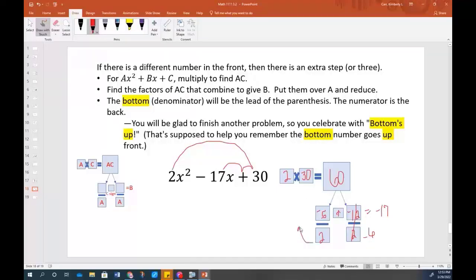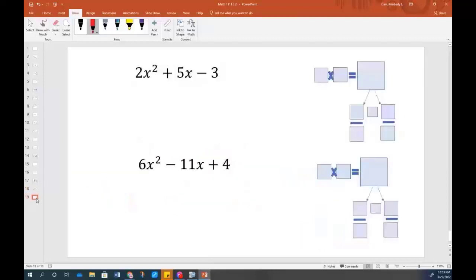You want to take this 2 and swing it to the front of your parentheses. So we end up with 2x minus 5. And then our other one, we didn't have a bottom number, or you could say it's a 1, but we just end up with x minus 6. We take that leading coefficient, multiply it in at the beginning, and then divide it out at the end.